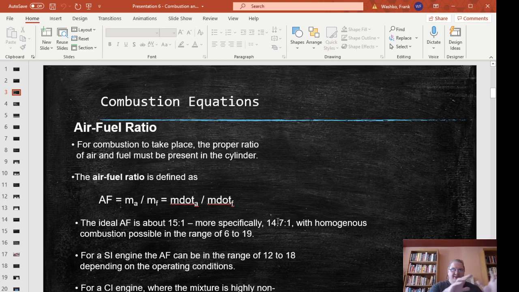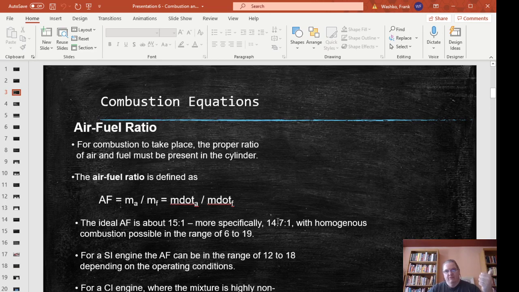So ideally what we're trying to get is, for the given volume of air fuel mixture that's brought into the engine, we would like a uniform, even distribution of fuel that's atomized in that volume of air, such that it burns through the entire thing.